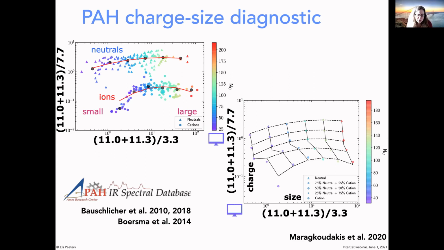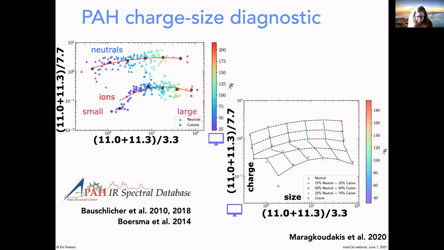And so you can make some kind of grid that is shown on the right-hand side, where you change the fraction for the charge. So you go from fully neutral to fully cationic. And you also change the size. And then you can come up with some kind of diagnostic diagram to probe the charge and the size of your emitting PAH molecule. So that's based on theoretical data.